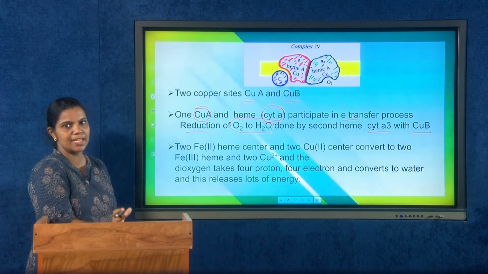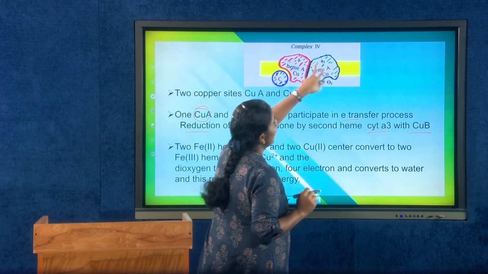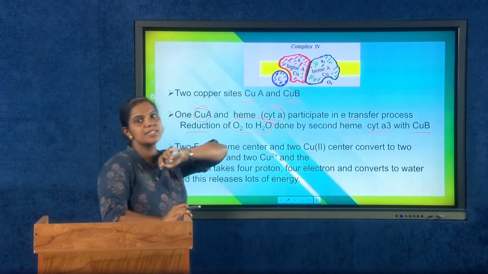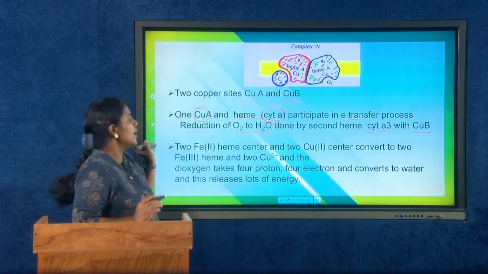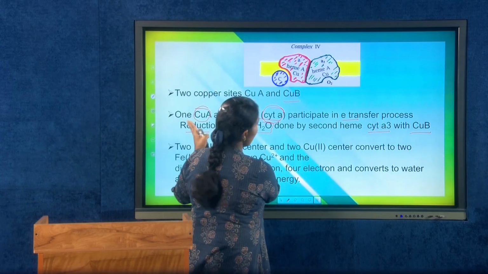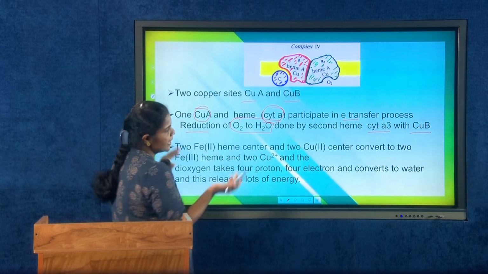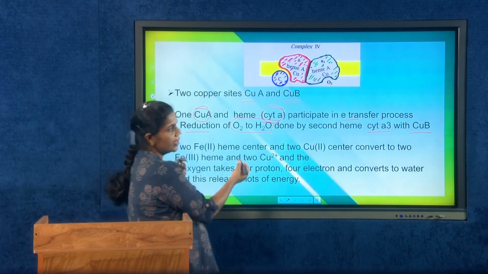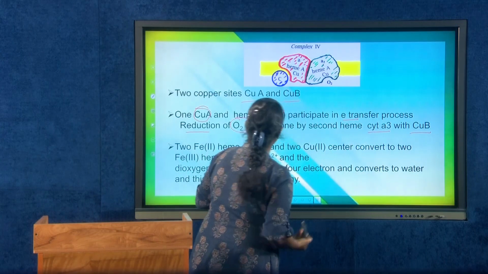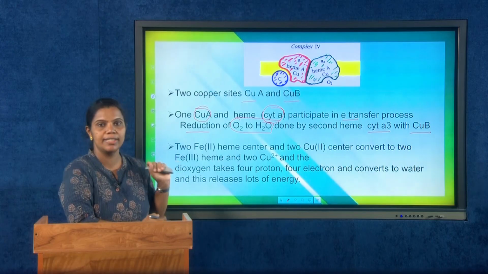So, this is the mechanism. We have 2 parts, cytochrome A and A3, which in combination form this complex 4. One part, that is cytochrome A and copper A, will participate in the electron transfer process, and the next one, that is cytochrome A3 and the second copper B, will function for the reduction of oxygen to water.